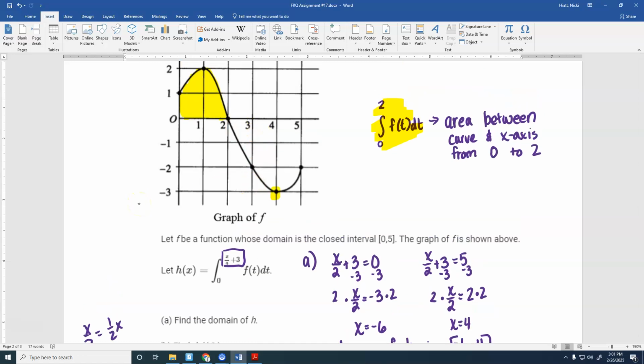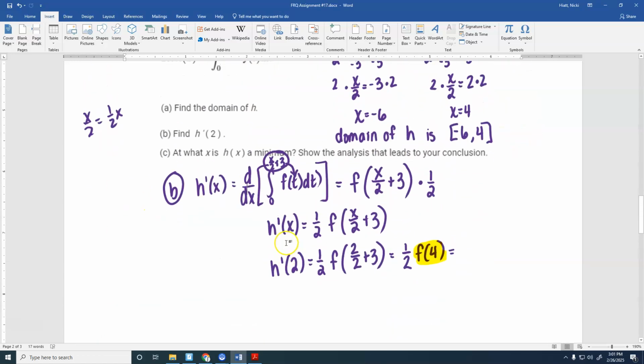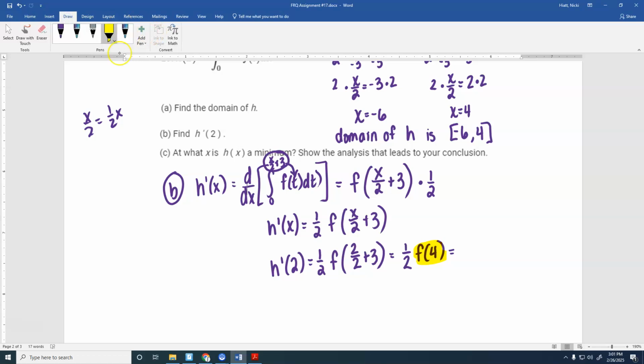It is -3. It's just the value of that point, right? Because this is the graph of f. So 1/2 times -3, which will give us -3/2, or -1.5.